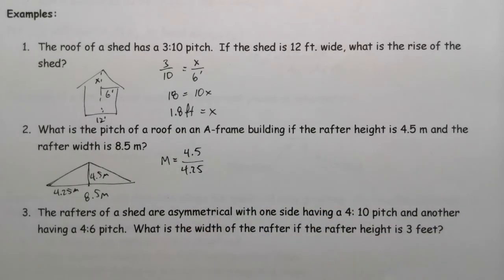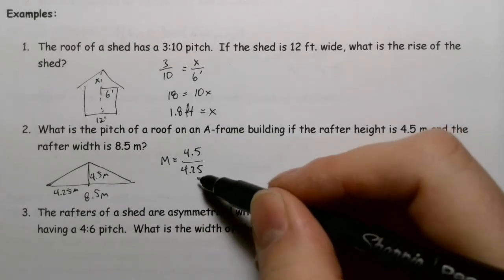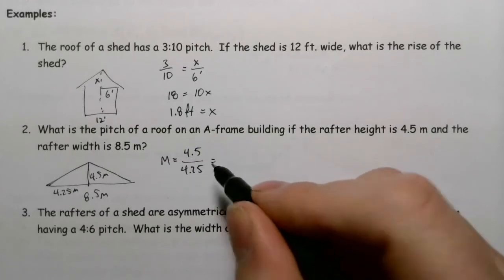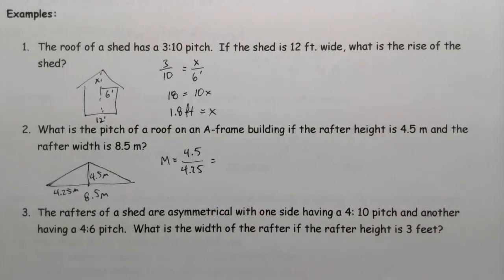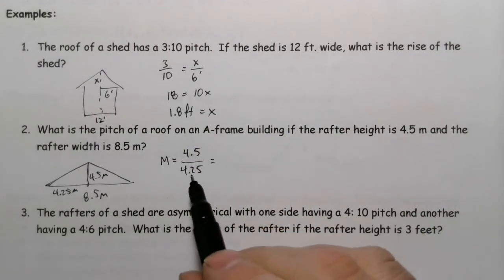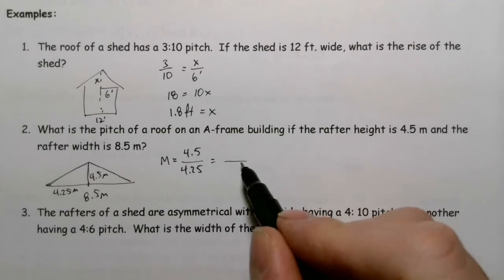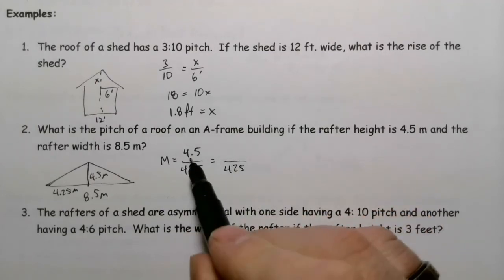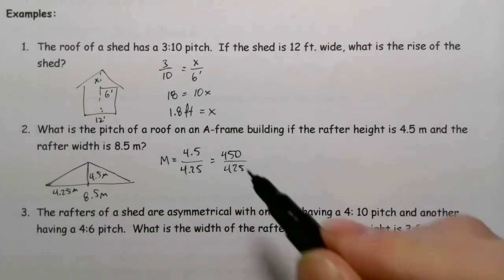4.25 meters. Okay? Now, to get that into a pitch, normally we would want to clean that up a little bit. Make those numbers easier to work with. Now, I'm pretty lazy. I just like moving the decimals over. I'm going to multiply numerator and denominator by 100 so that I can move the decimal over. So this would be 425, and that's going to make this 450.